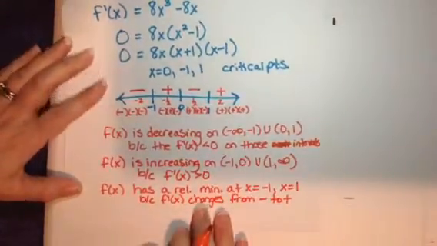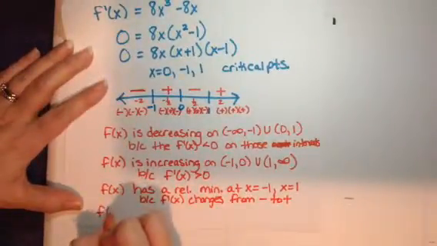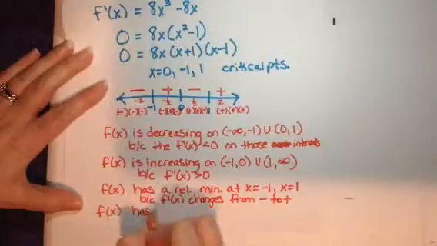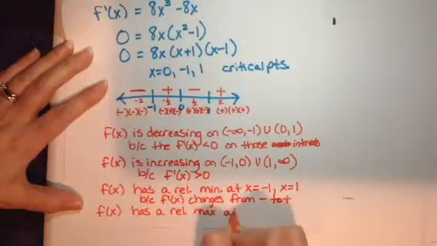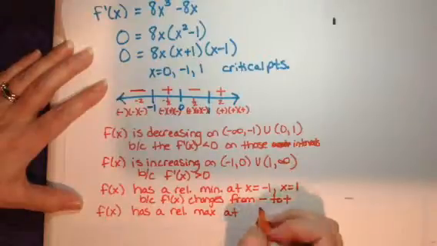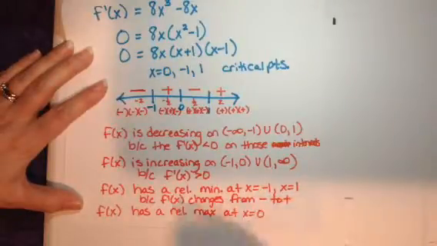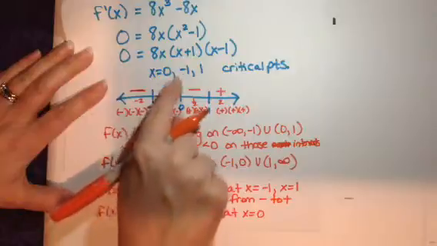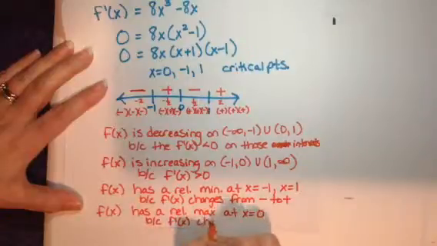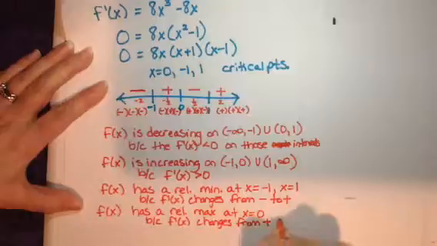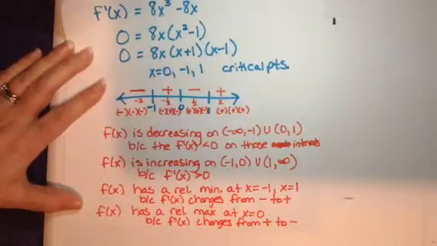And then f of x has a relative max at x equals 0, and that's the only place. It goes from increasing to decreasing because the derivative changes from positive to negative.